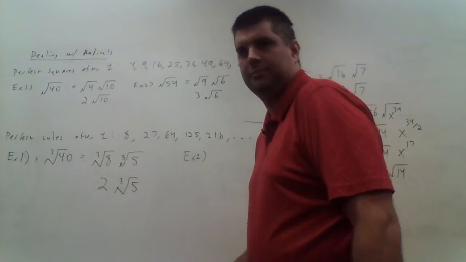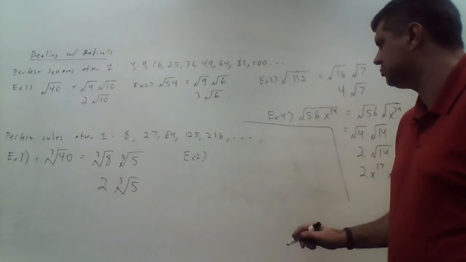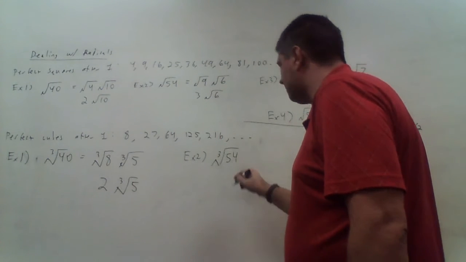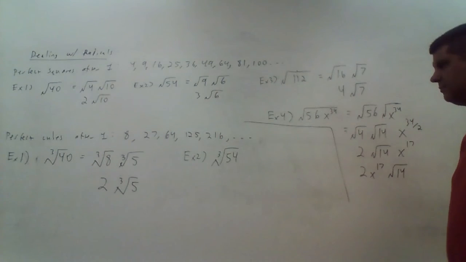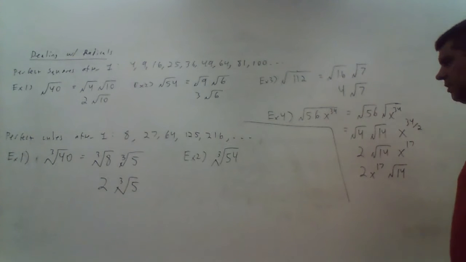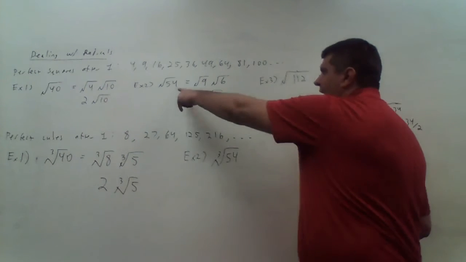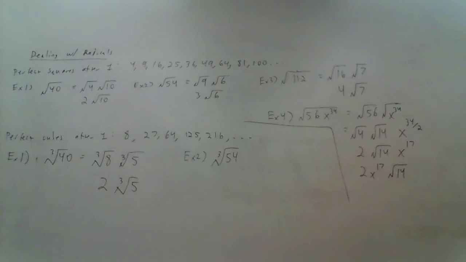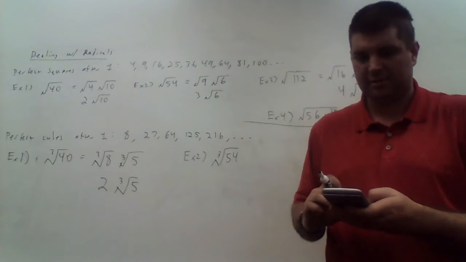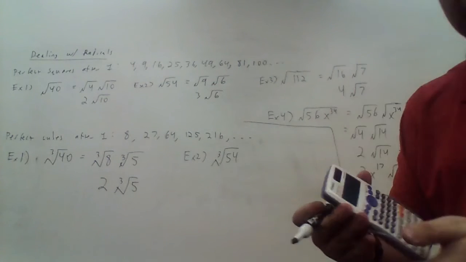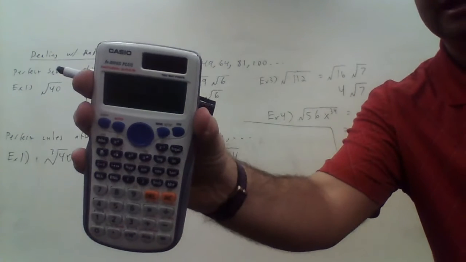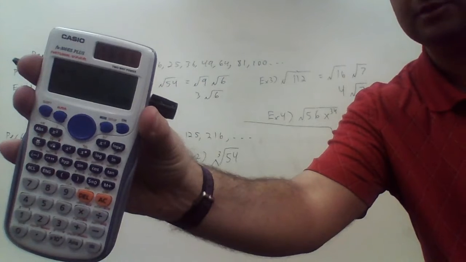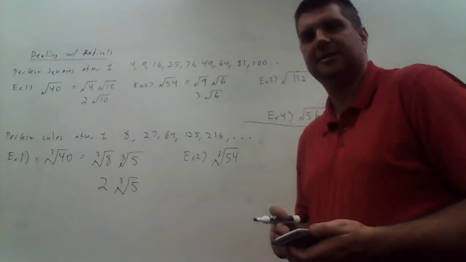Example 2. I got the cube root of 54. All right, so that's different from here. We don't use 9. We use the perfect cubes. So I'll start with 54 divided by 8. 54 divided by 8 gave me 6.75. So that doesn't divide evenly.